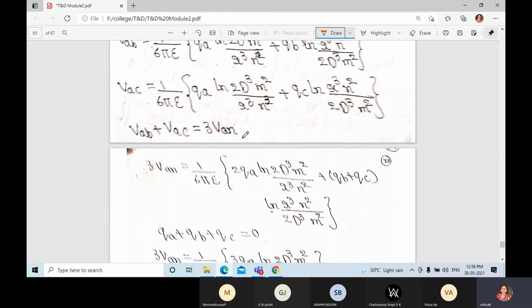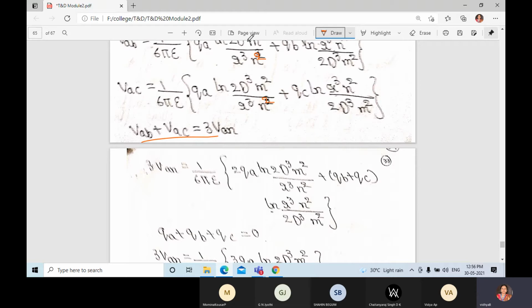VAB plus VAC is equal to 3 times VAN. So 3 VAN is equal to 1 divided by 6 pi epsilon 2 QA ln 2D cube M square divided by R to the power of 3 N square plus QB plus QC.